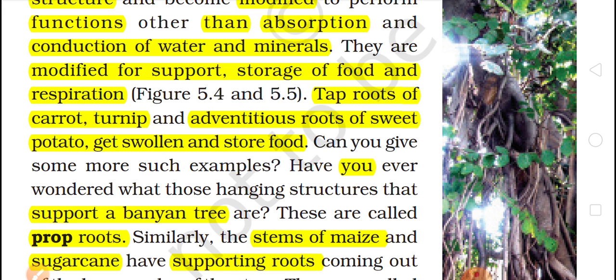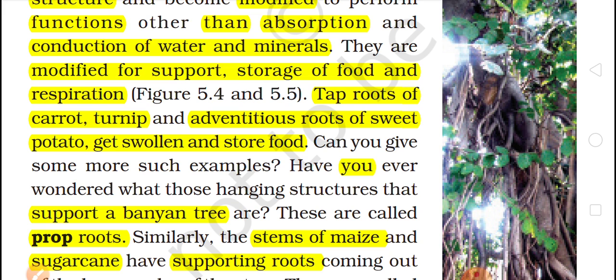Some examples of storage of food, children. Taproots are modified in carrot and turnip, and adventitious roots in sweet potato. The roots of these plants are swollen and store food.